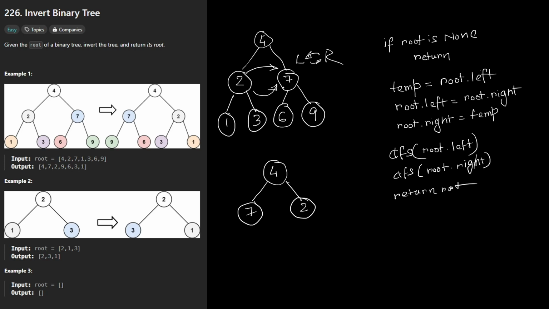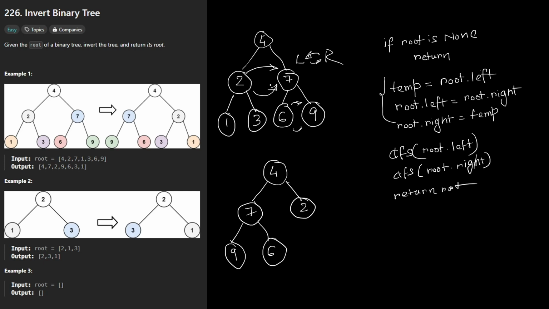So if I look at 7, it has 6 and 9. Again, we are going to perform this operation on 6 and 9, and these values are going to get interchanged. So once the values got interchanged, the value would be 9 here and the value would be 6 here.